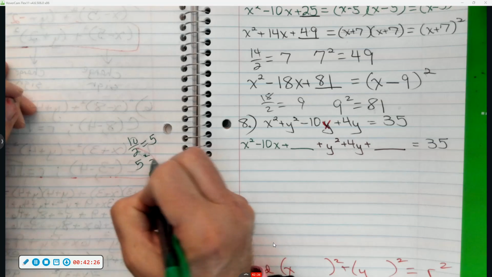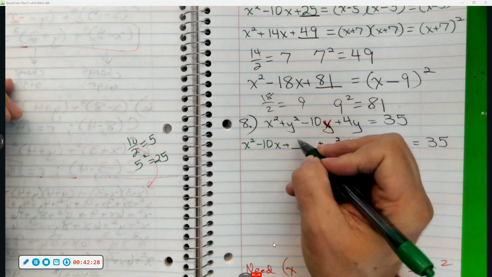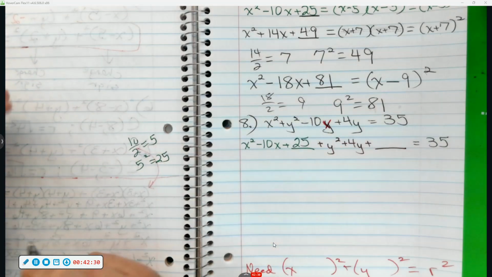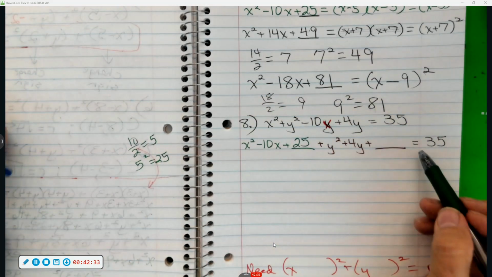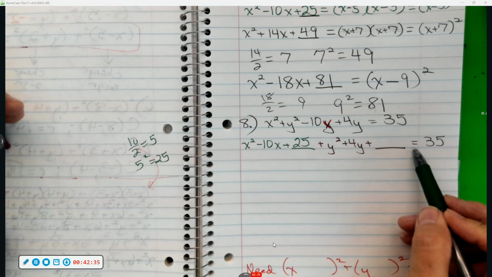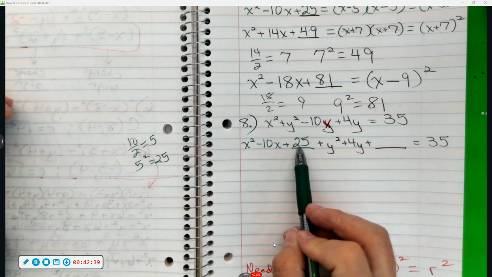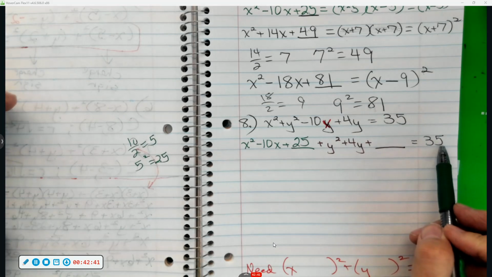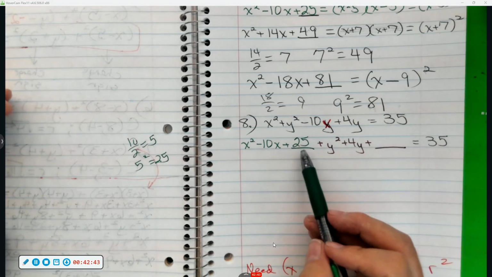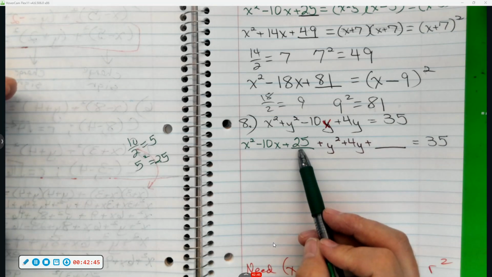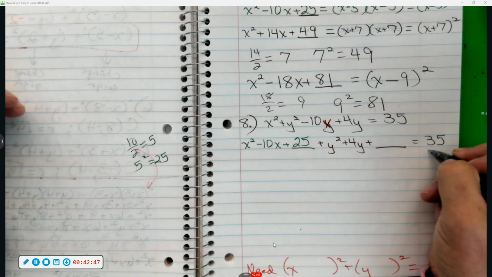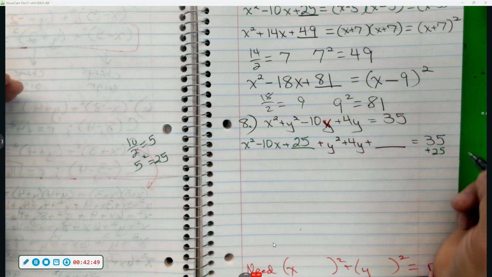Square it. 5 squared is 25. So we're going to add 25 to the left side. But this is an equation. You just added 25 pounds to one side of the scale. You better add 25 pounds to the other side of the scale. So once you add that 25 to the left side of the equation, you need to add it to the right side as well.